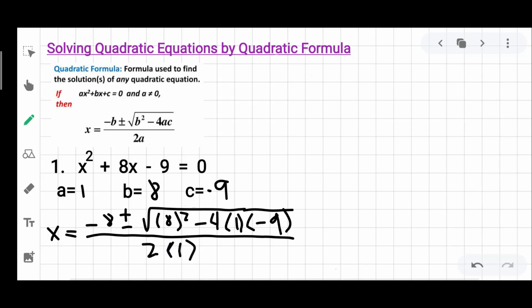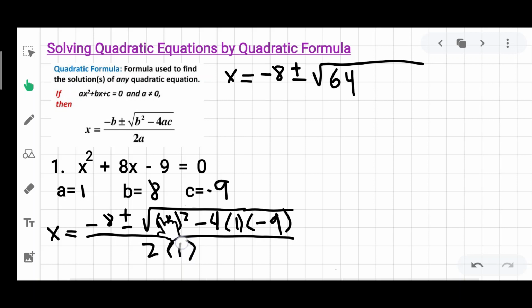Okay, ngayon, simplify na natin. We have x equals negative 8 plus or minus square root of 8 times 8 is 64. Dito kayo nagkakamali. Ang ginagawa nyo, 8 times 2. Hindi po ganun yun. Ang ibig sabihin nito, twice sa sarili.